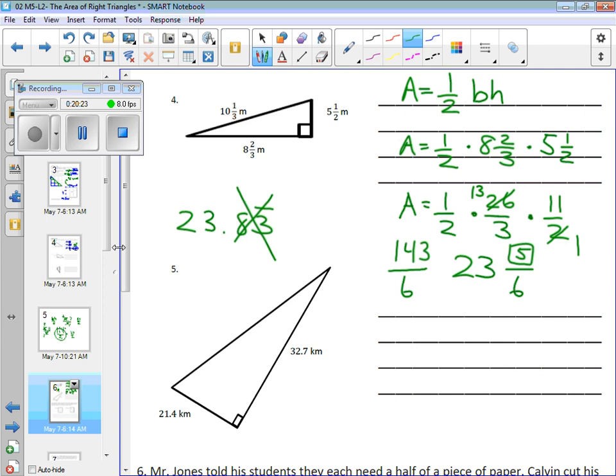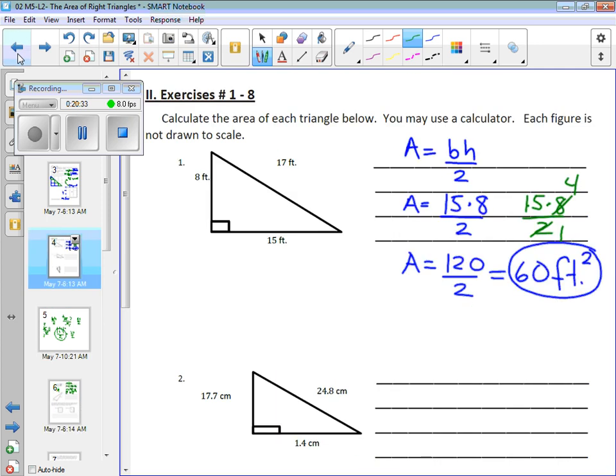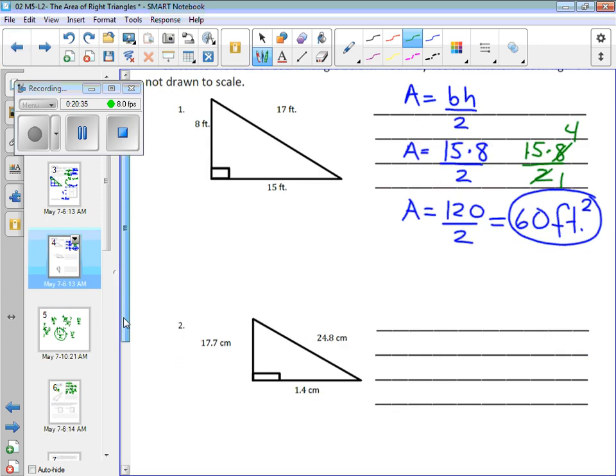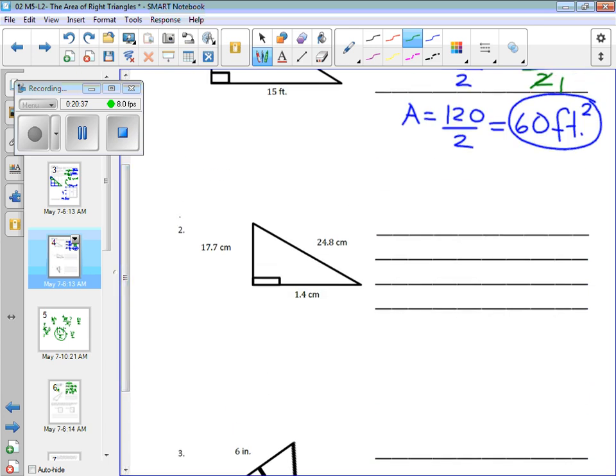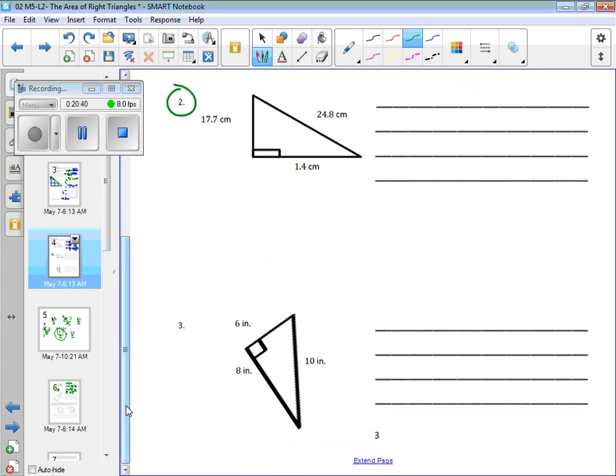Jay, I'll take your question in a minute, but let me just tell you what everybody's doing. Here's whatever's left in 1 through 8 that needs to be done. Go back to this page, number 3, circle number 2 and 3.